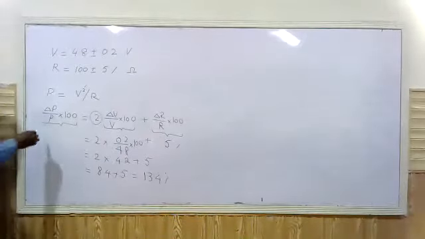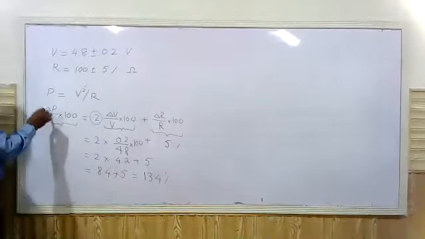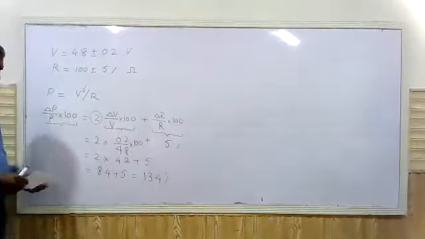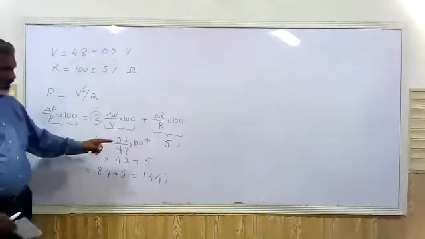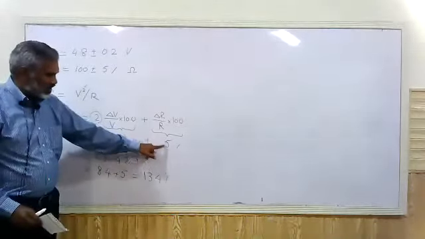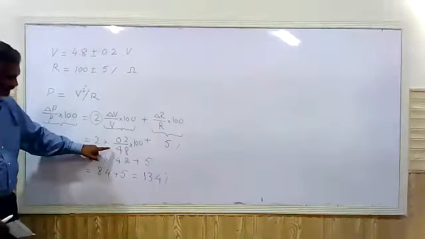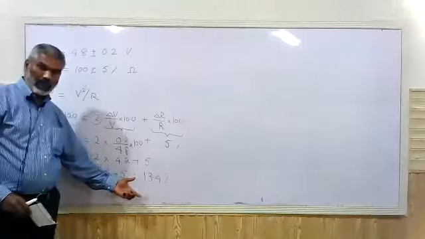That means the total percentage uncertainty in this quantity is 13.4%. Why? Because I know the percentage uncertainty in the value of R, and I know the percentage uncertainty in the value of V multiplied by 2 because of the formula. So all this adds up to this.